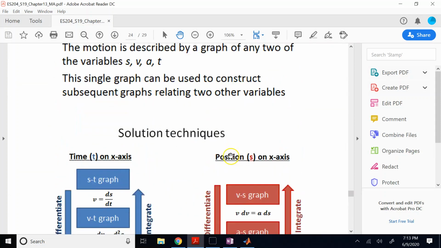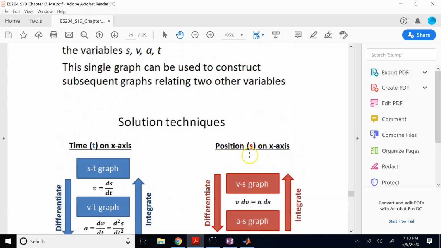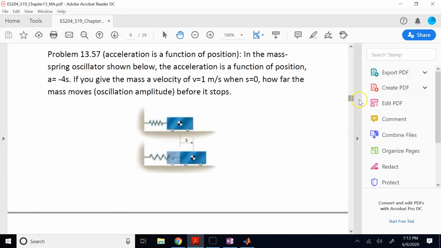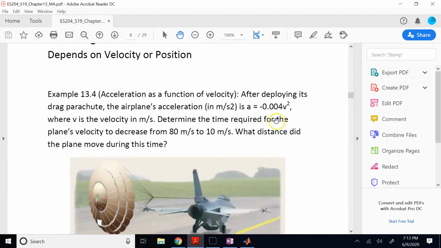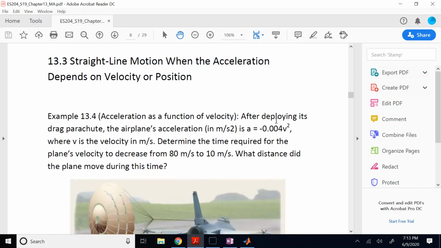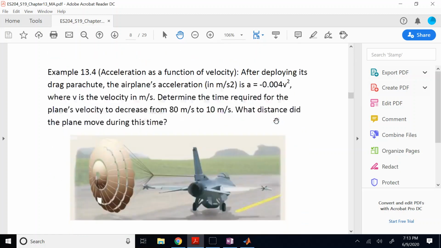So a is given, and then what you want to do is find v versus t or s versus t, then you integrate them once and then twice, right? So that's what we have done. But sometimes the acceleration of the particle is not a function of time. It's a function of position or velocity. In those cases, a simple integral versus time is not going to do anything.